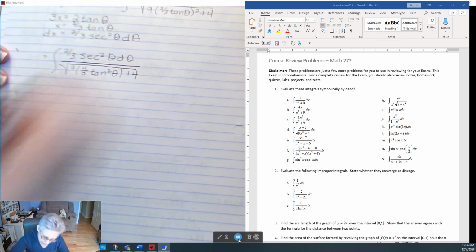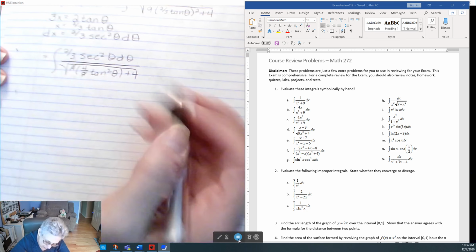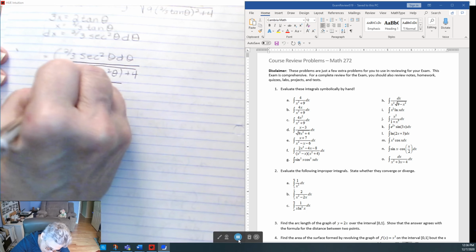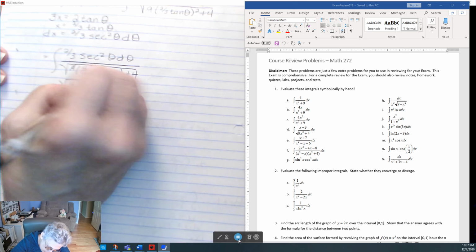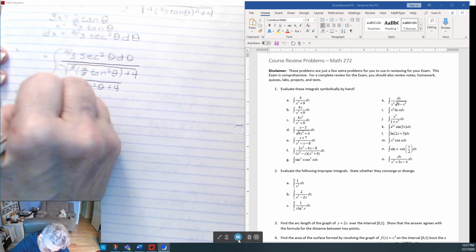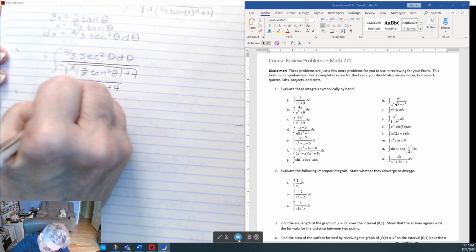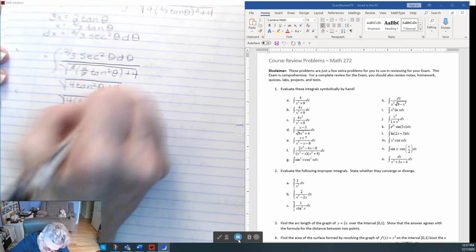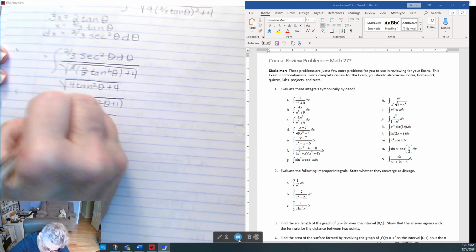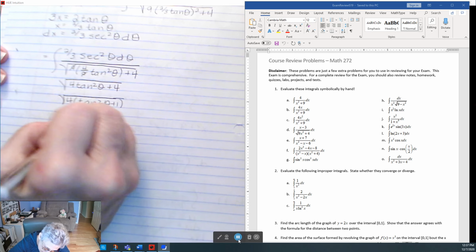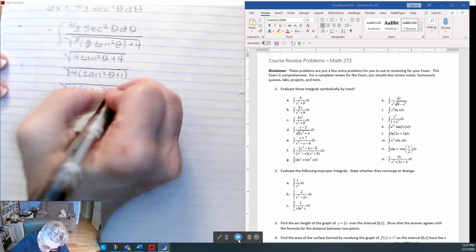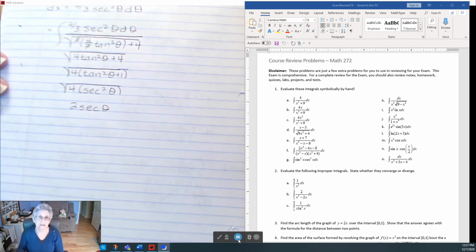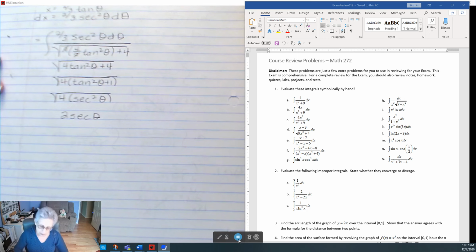Instead of writing things over and over again, cancel those 9's. So I have the square root of 4 tangent squared theta plus 4. I'm only going through all of these steps once. Tangent squared plus 1 is secant squared. So this is 2 secant of theta. Whole bunch of algebra going on.